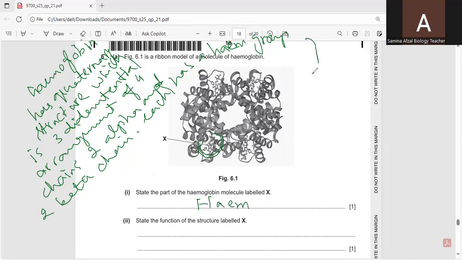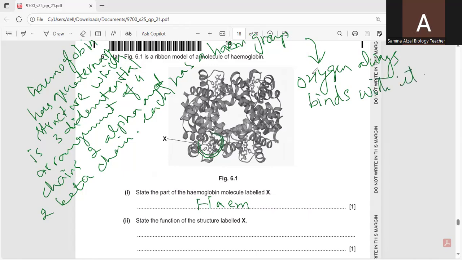And what is the heme group? Oxygen always binds with it to make oxyhemoglobin.